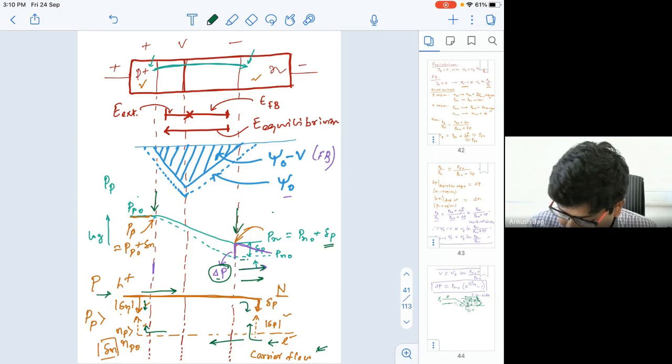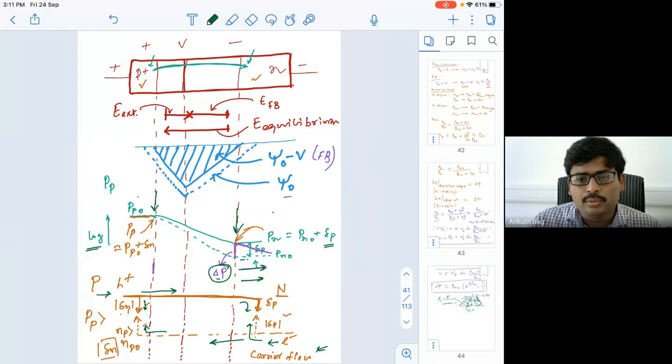To understand this distribution properly, we need to draw it in linear scale, because since this is a log scale, it is very difficult to show the distribution. When drawing the carrier distribution in linear scale, we will not be able to show both types of carrier, majority as well as minority, because majority carrier concentration is of the order of 10 to the power 16 or 10 to the power 17, while the minority carrier is of the order of 10 to the power 4 or 5.